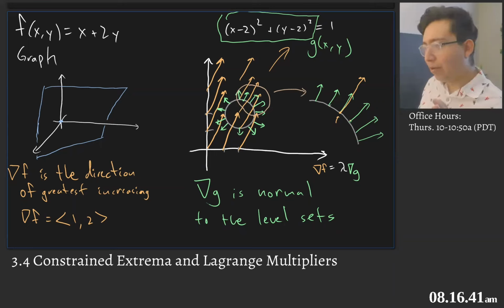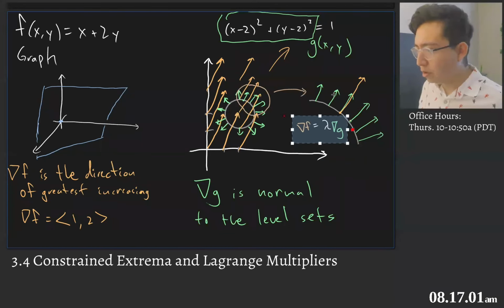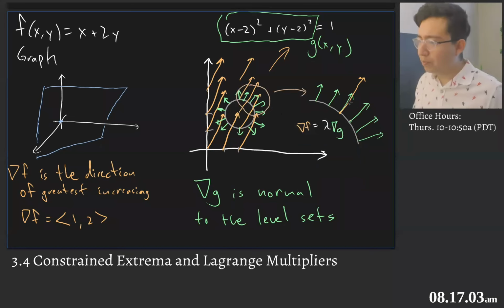Because if the orange arrow is pointing like this, not quite in line, then that means if we move slightly to the right, we can get something bigger. If the orange arrow is not quite in line with this one, that means if we move slightly this way, we can get closer to the biggest point. So at this point, it's kind of happening.